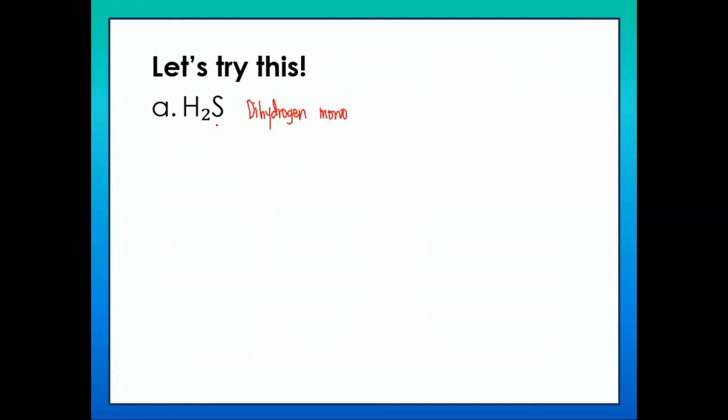Mono, then combine it with sulfur, and as part of the step or the rule, you have to change the suffix into ide. Sulfide. Okay? So, dihydrogen monosulfide. Earlier, following the steps, naming the elements involved, you have hydrogen, you have sulfur, right?